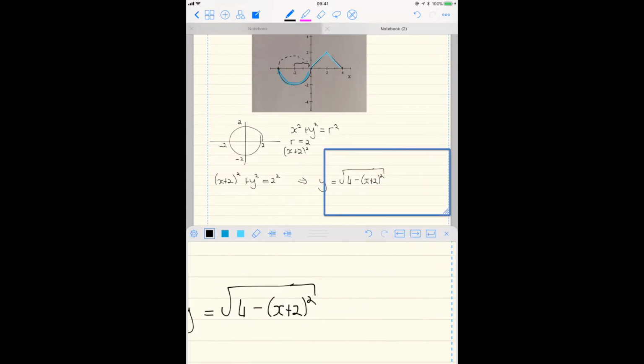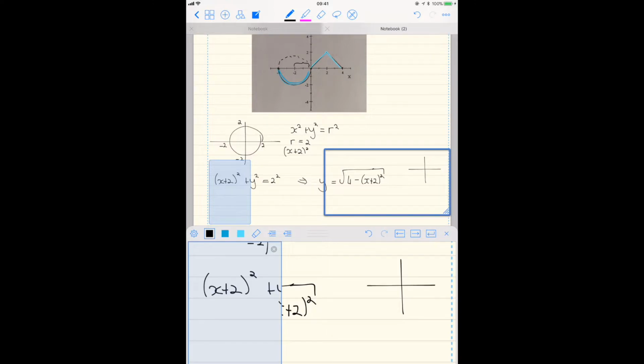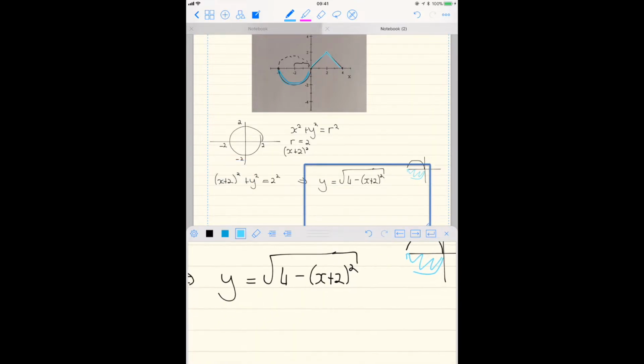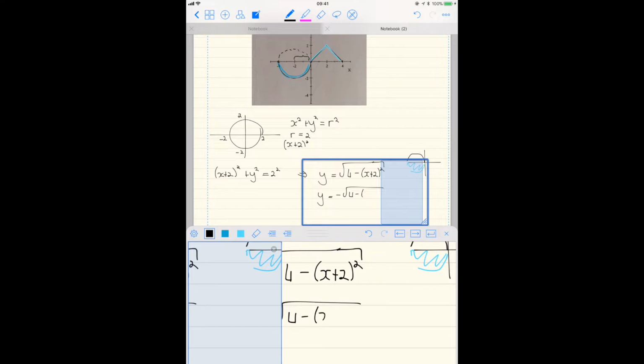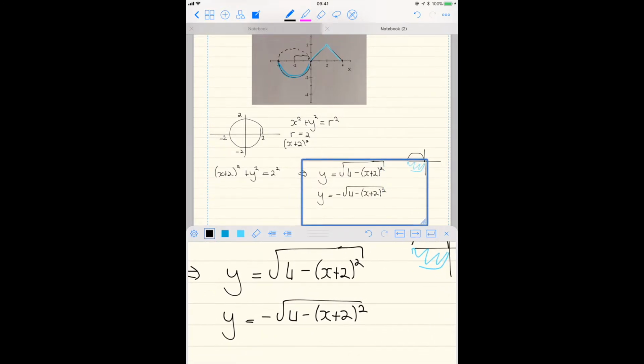Now it's a half circle, but this half circle would be positive. It would look like that, and we want it to look like this. So we're going to reflect it about the x-axis, which means we say y is equal to minus the square root of 4 minus (x plus 2) squared. Then that's your first part of your f(x) function.